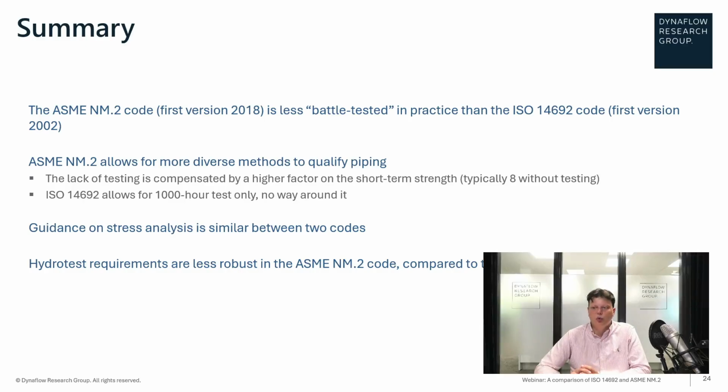And these multiple design methods mean that in theory, if you fail one test, you can just choose a different design method. So if I fail a short-term test, I can go into FEA and prove that it will still work, even though I know in practice that it won't.